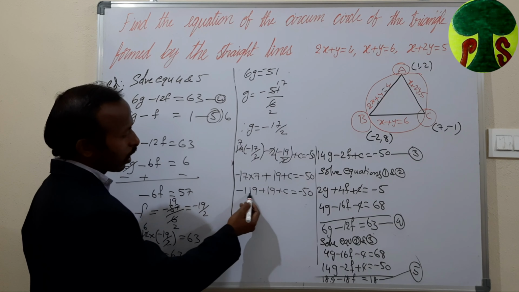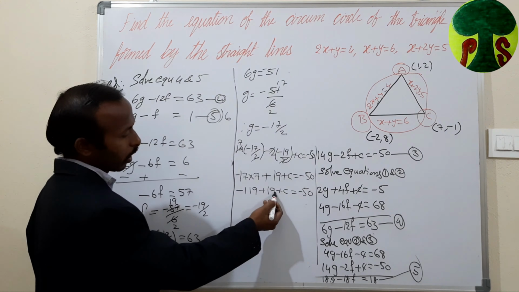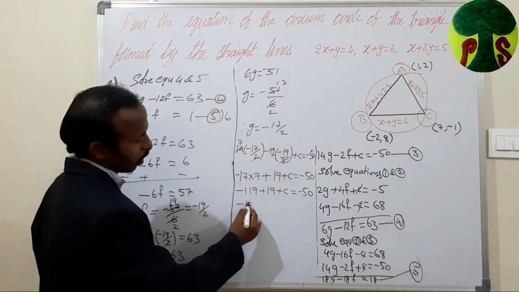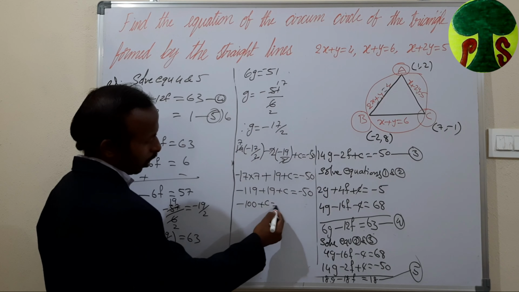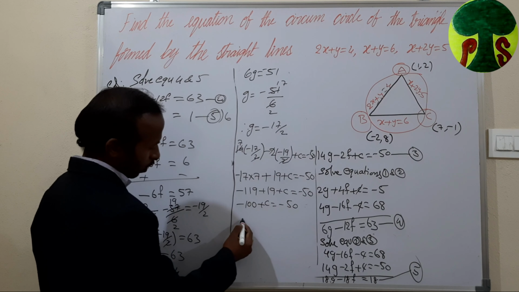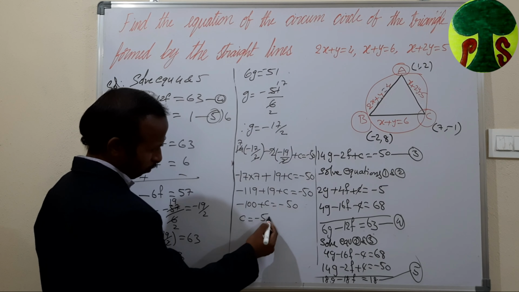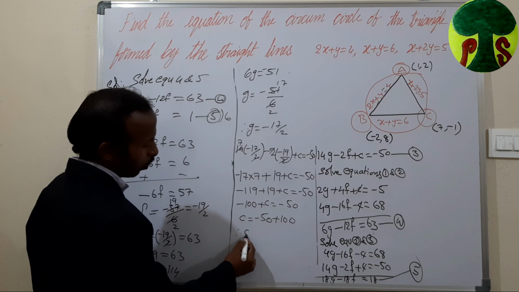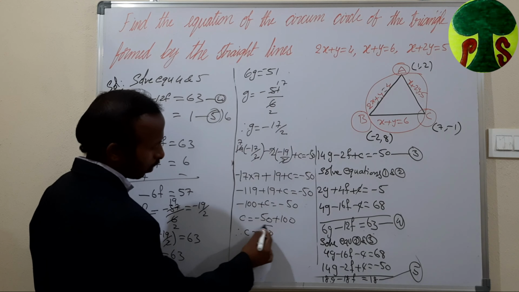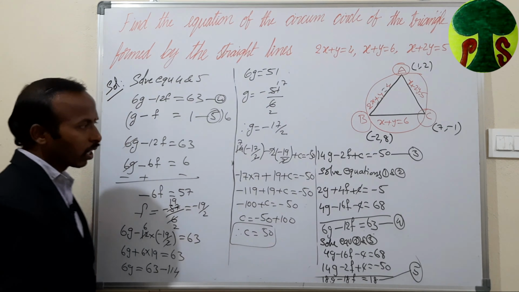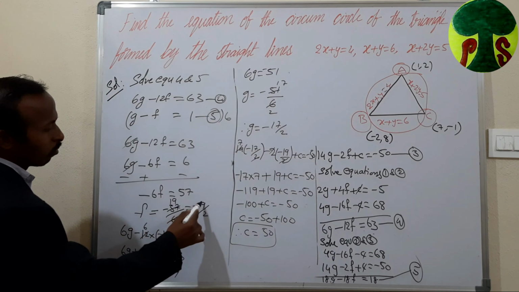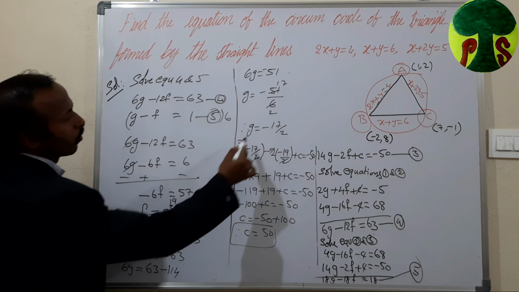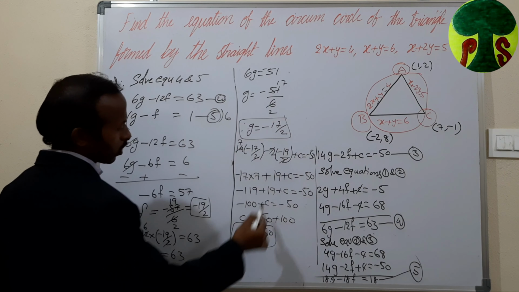Here minus 119 plus 19 is minus 100 plus c equal to minus 50. This is c equal to minus 50 plus 100. Therefore c value is plus 50. Finally we got f value and g value and c value.